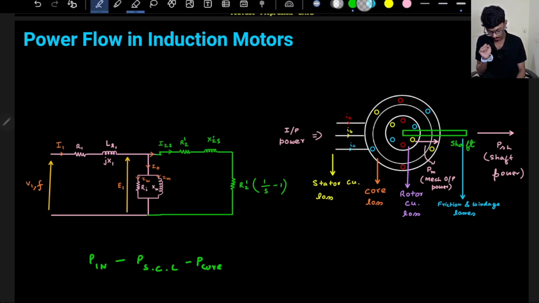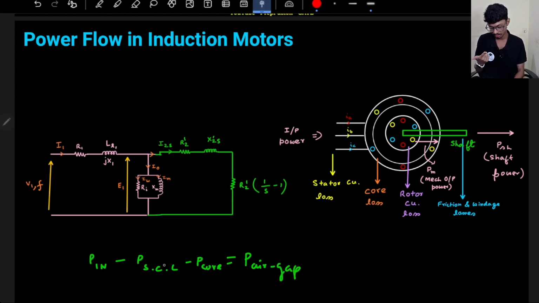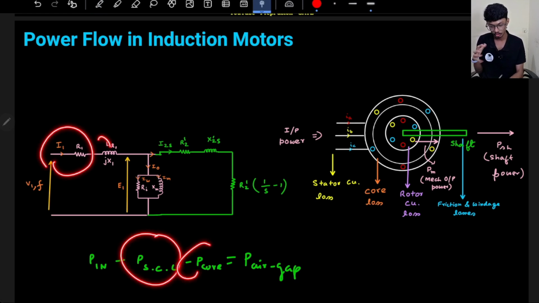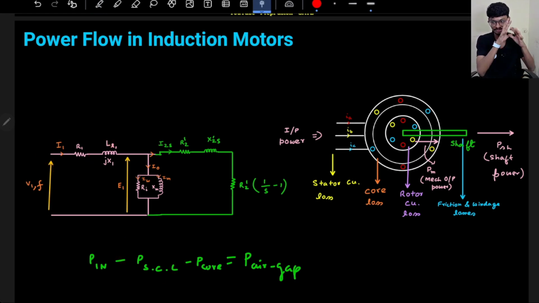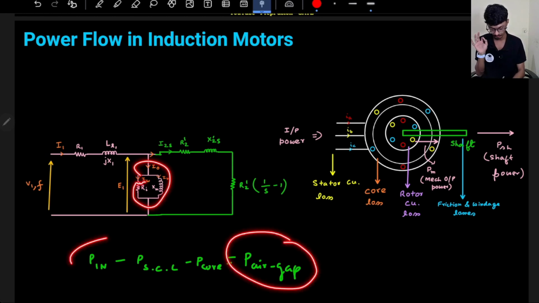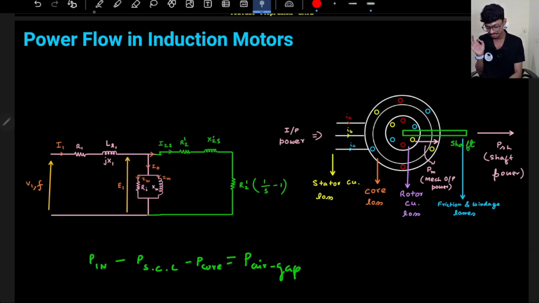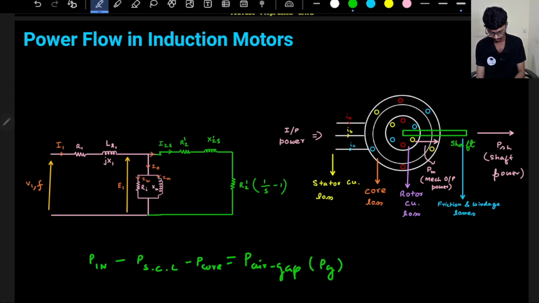So this whole power is called the air gap power, because after adjusting for all the losses, like the stator copper loss and the core losses, whatever is present is what produces the magnetic field across the air gap. That's why the air gap has this much amount of power. This is also sometimes called Pg, because it is the air gap power.